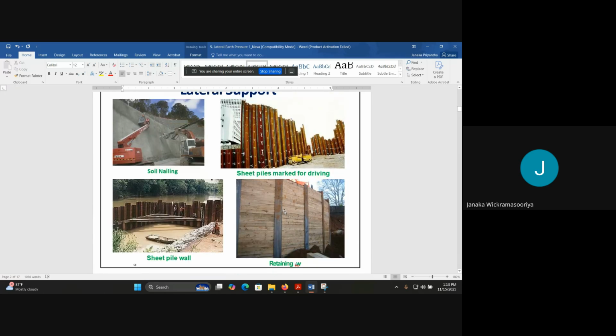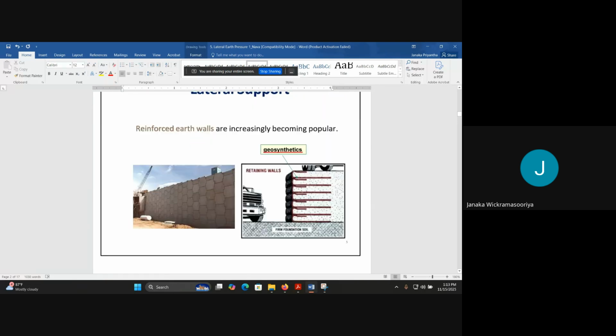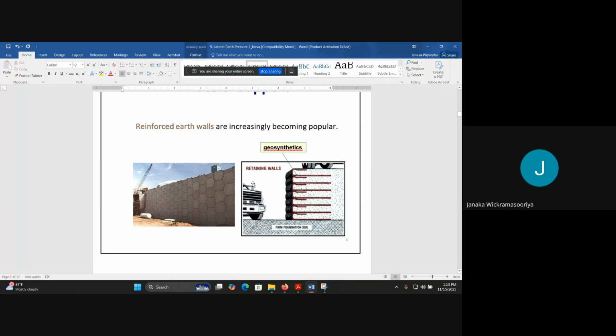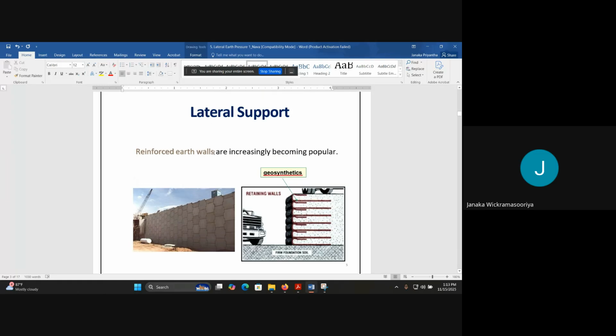So as you can see, the soil nailing and the sheet piles marked for driving. Now when you drive sheet piles, you can see a sheet pile wall here and a retaining wall here made with wood and steel, and the reinforced earth walls are increasingly becoming popular.